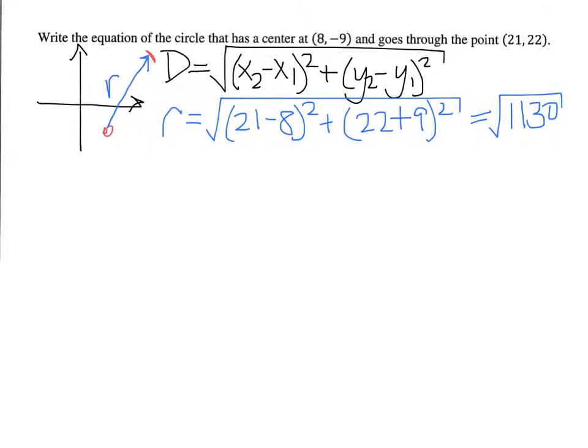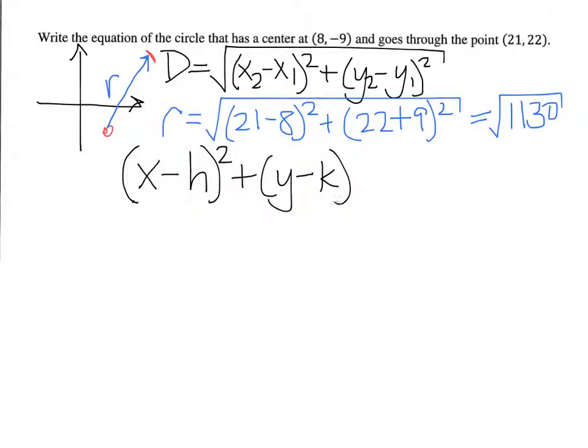We fill into the formula (x minus h) squared plus (y minus k) squared equals r squared. We need to fill in 8 for h, negative 9 for k, and the square root of 1130 is r, but you have to square it.